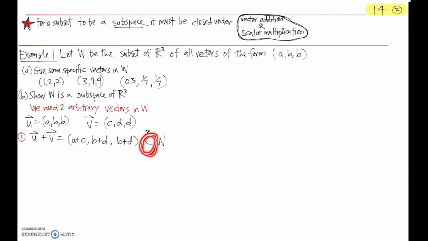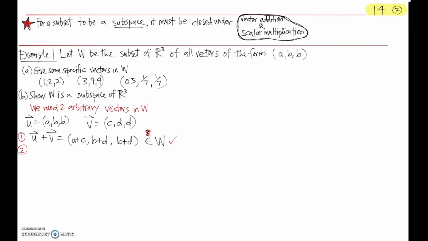This symbol right here just means element of. And we're asking this question, does this belong in the set of vectors that look like this? Well, this set is basically just take any first element, and your only qualification is the second and third elements have to match. Okay, we have any first element, and do our second and third elements match? Yeah, they do. So yeah, it actually is an element of W. Okay, so it passes the test for vector addition. It's closed under vector addition. You add any two arbitrary vectors, and you'll get another vector that's sitting inside W.